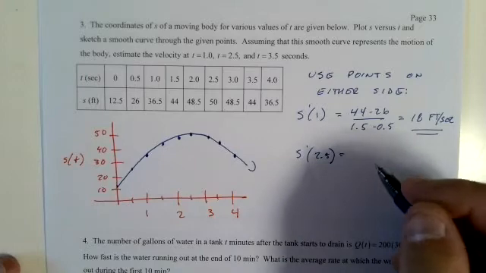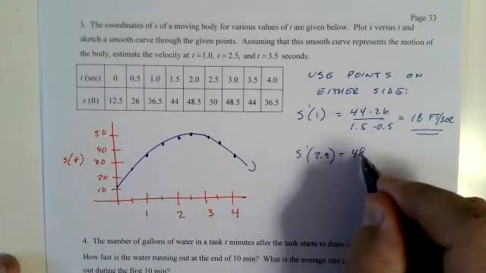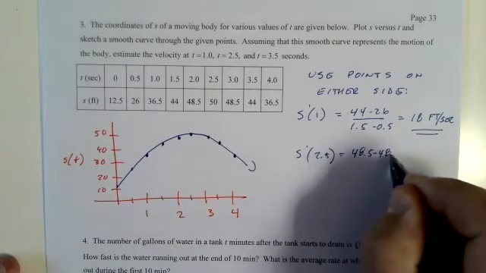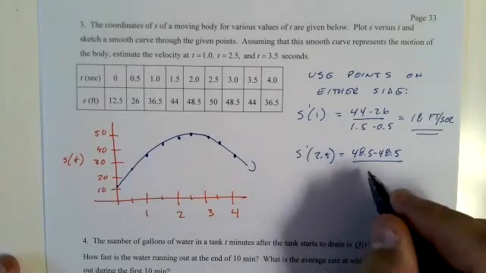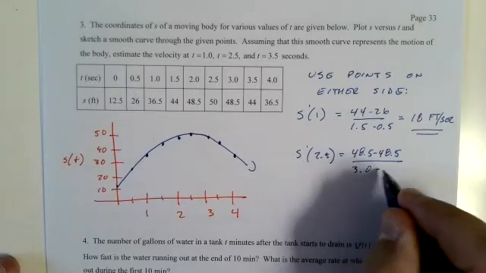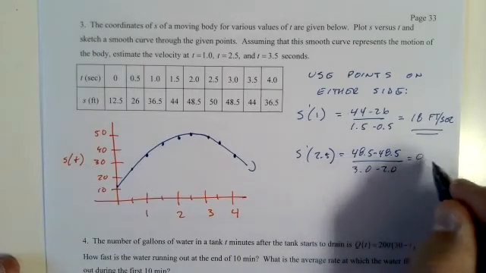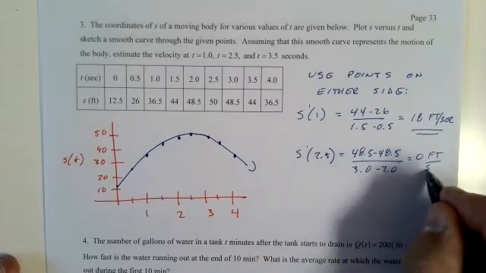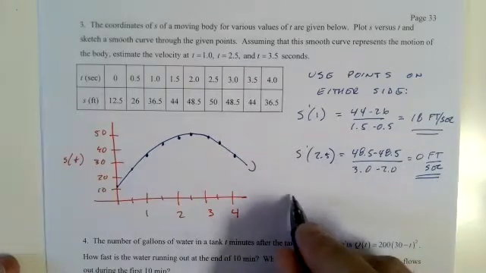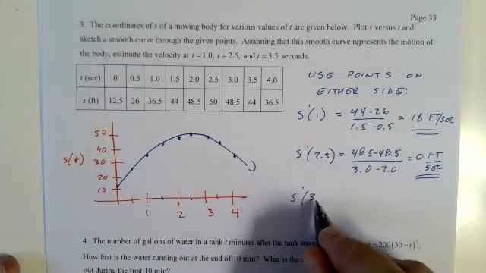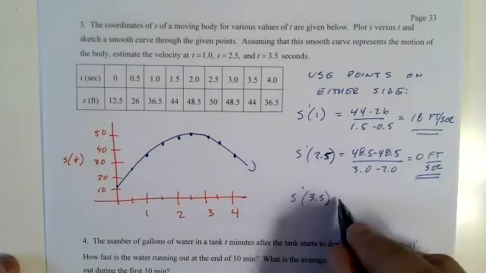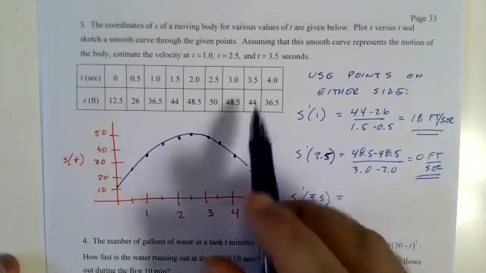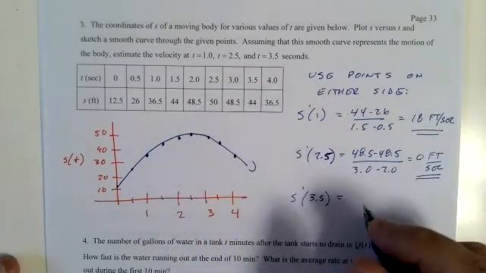This is going to be a 0. I also always leave my units out of here because they just get in the way. And 3.5, we're going to use these. We're going to get a negative number.